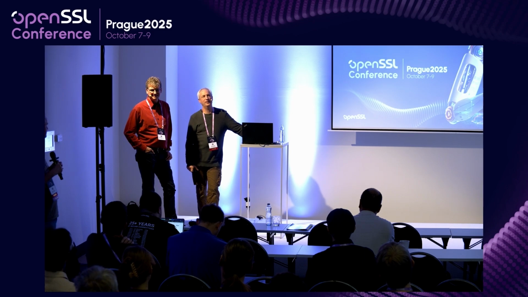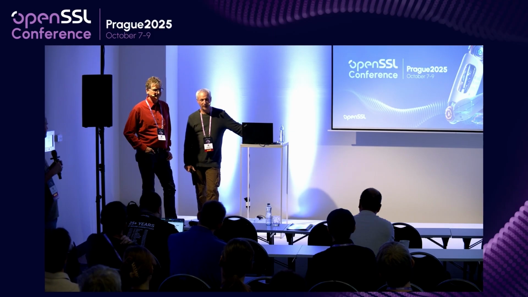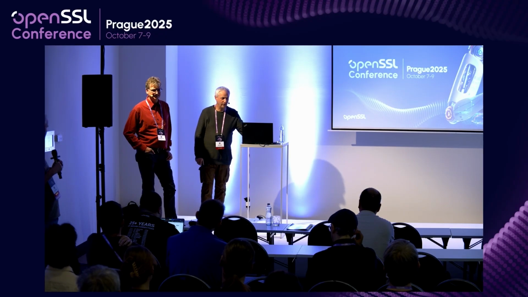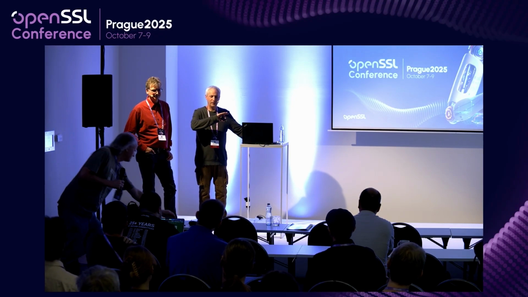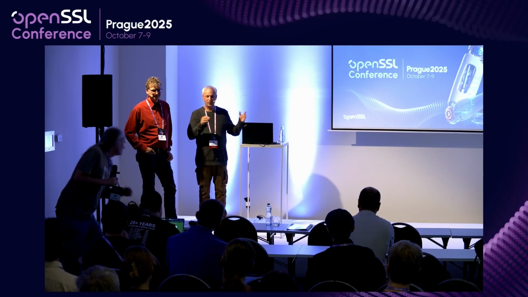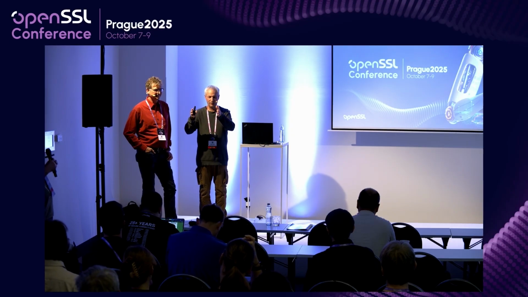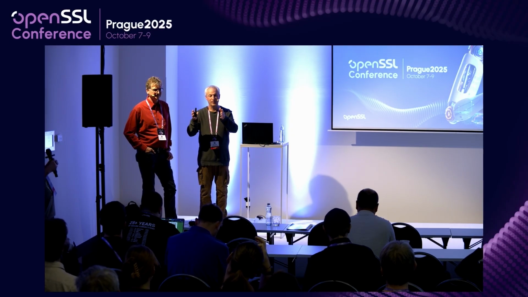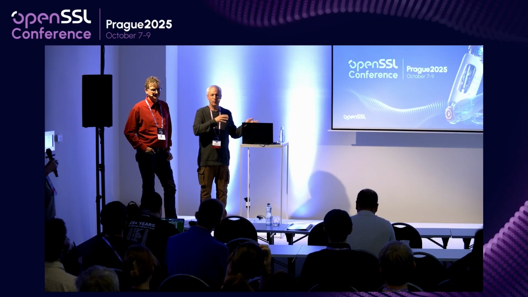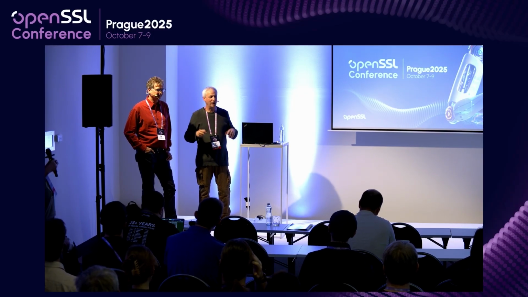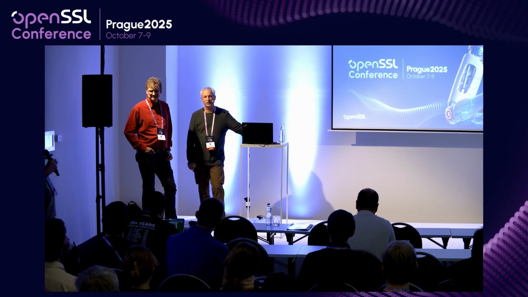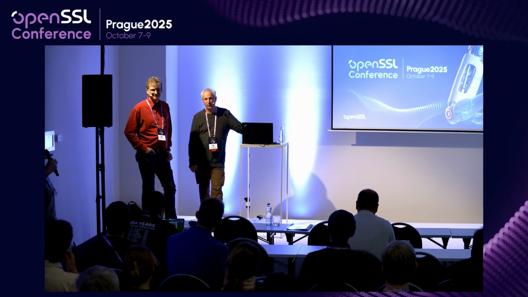But I would like to get rid of the library API, because I already told you that we have a context in the library. Now I have a context in the provider, and the provider context then points to the context of the library, so this is double work, and I think it's worth getting rid of this duplicated stuff.